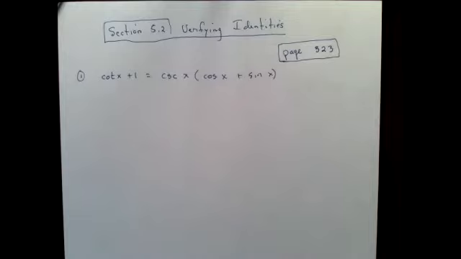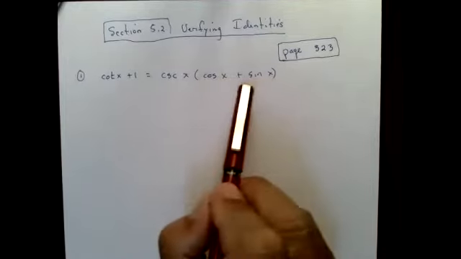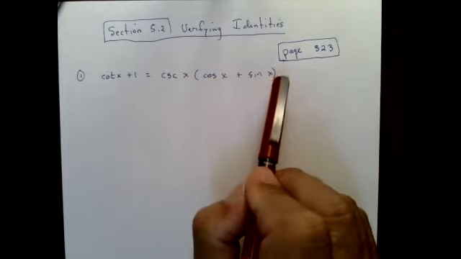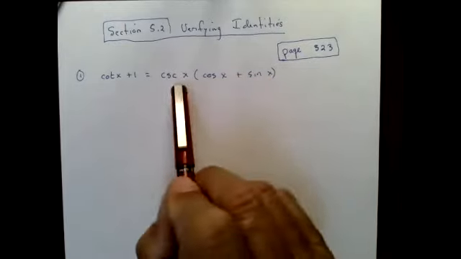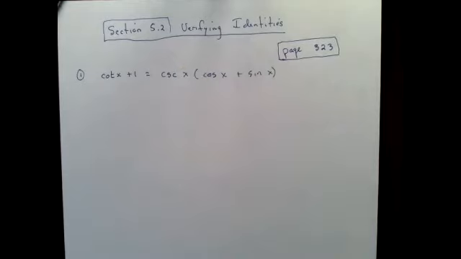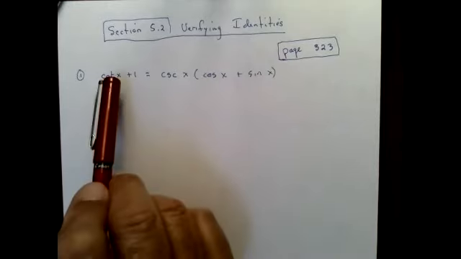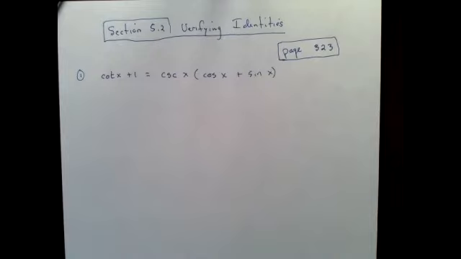There's lots of things I can do, but my goal is to do some work here, be it algebraically, like distribute, be it change into cosines and sines. We did an example like that in section 5.1, or a variety of different ways to solve it.